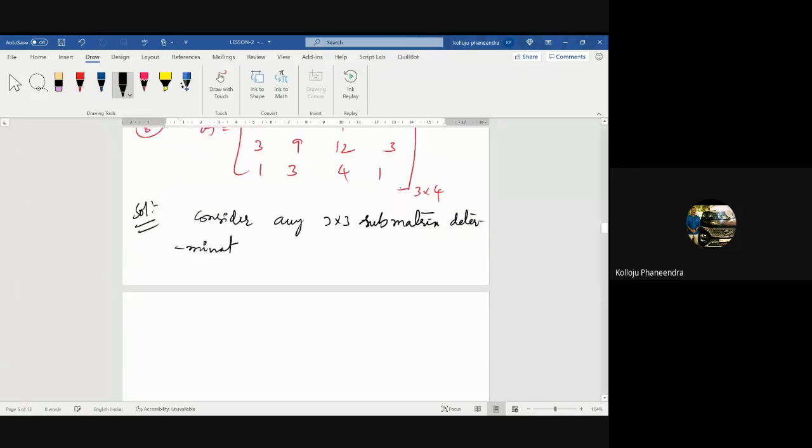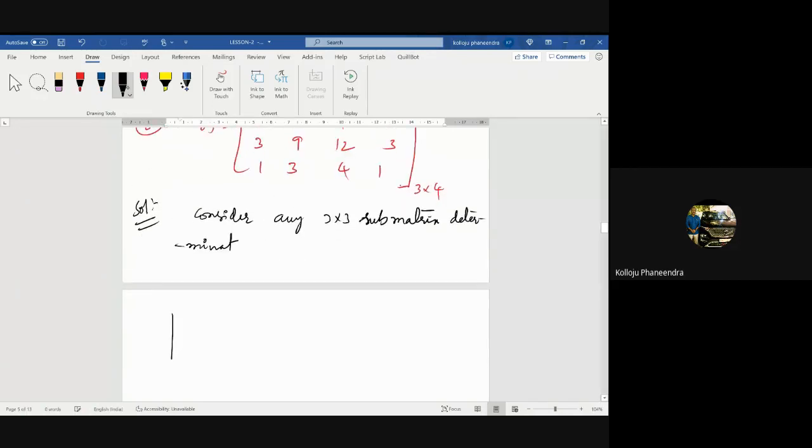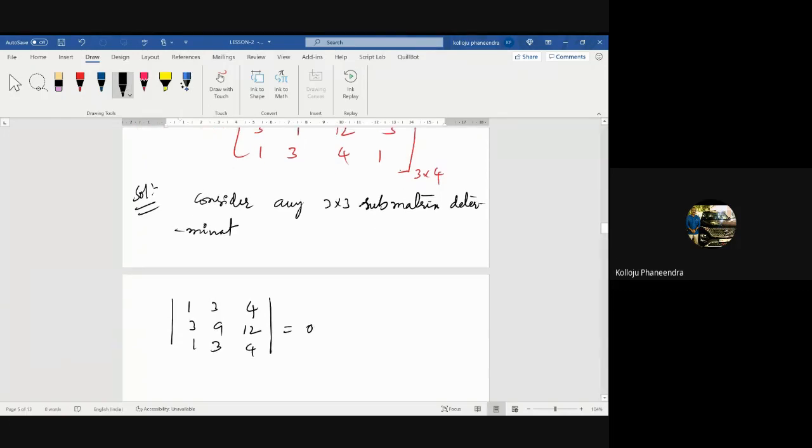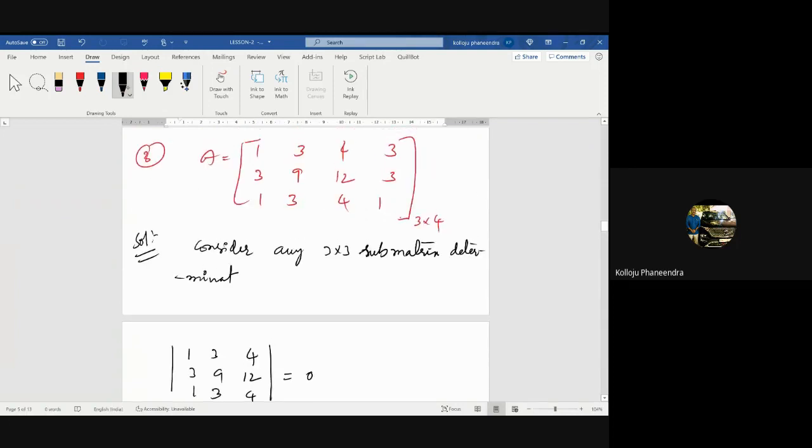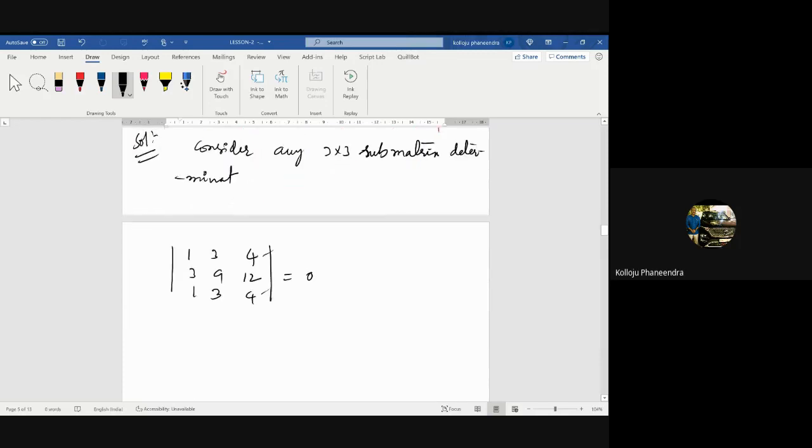So let me consider this one: 1, 3, 4, 3, 9, 12, 1, 3, 4. What is this determinant? If any 2 rows are equal, the determinant is 0, right? Correct? 2 rows are the same, this one and this one. So the determinant is 0.